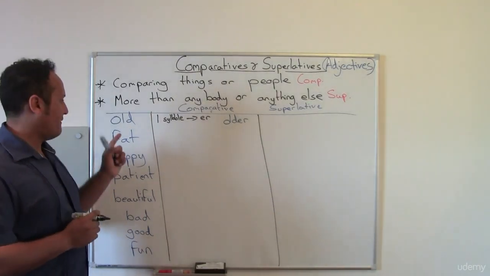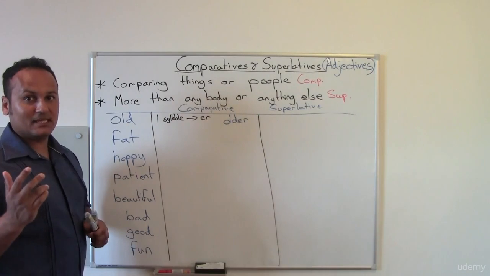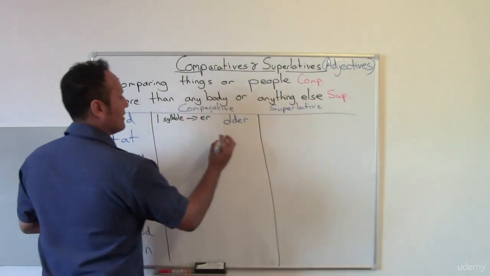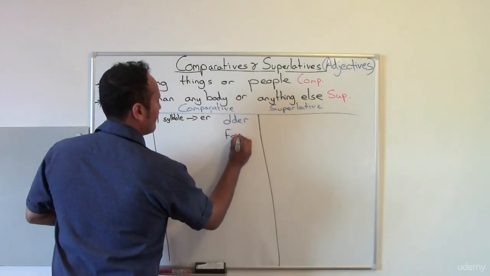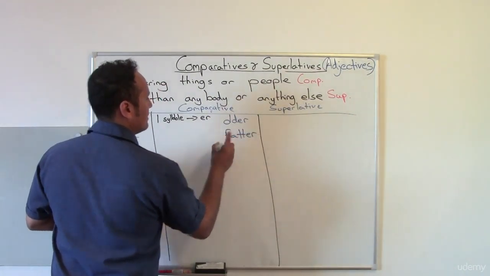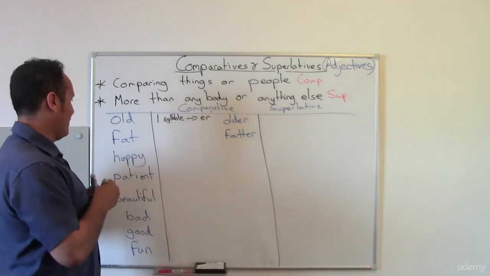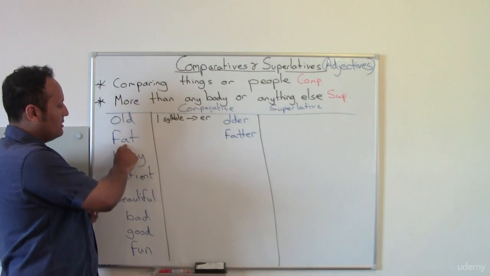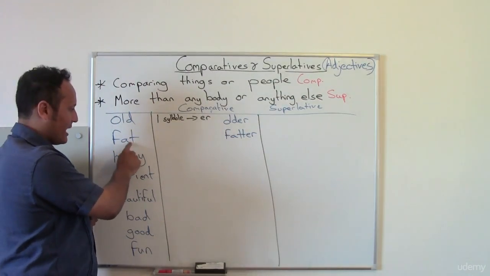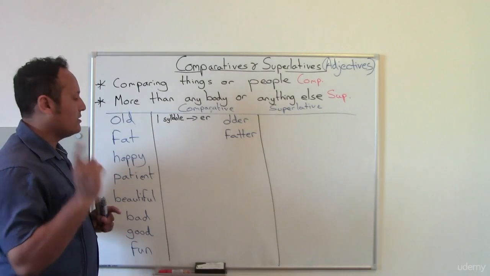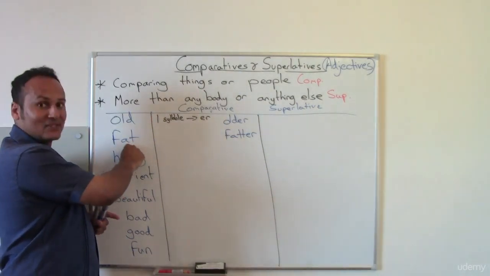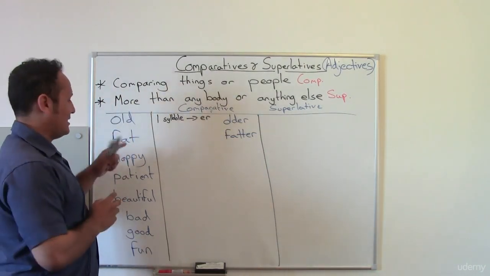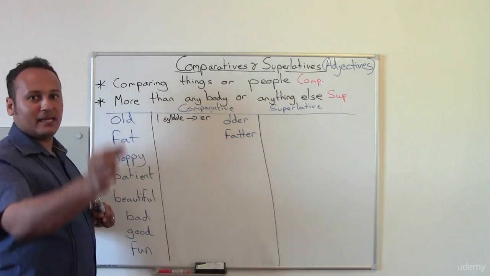If you have fat, yes, that's one syllable. However, something slightly different. Fat becomes fatter. Why? Well, yes, it's one syllable, but if there is a vowel and a consonant, like A and T, at the end, you must add an extra one of the consonants. So you double the consonant if there is a vowel, then a consonant.